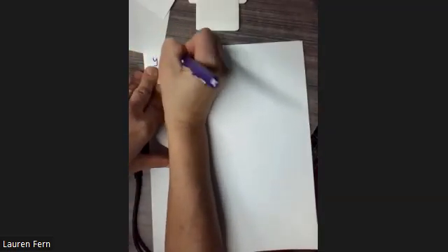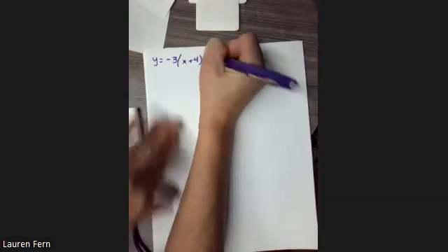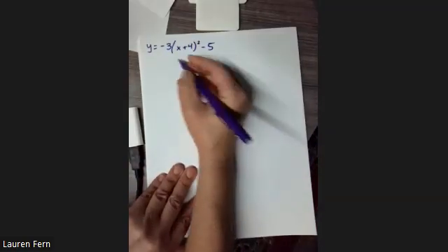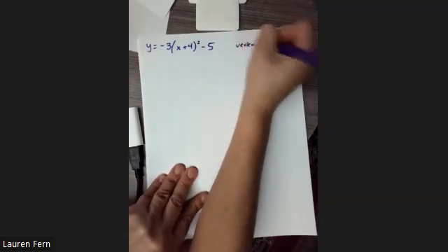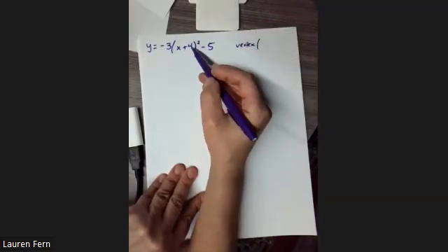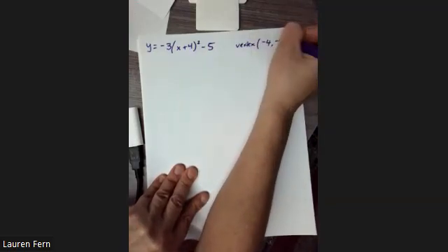Another example is, what if I have y equals -3, x plus 4 quantity squared minus 5. Now, as I mentioned before, you can read off your vertex. Remember, it's the opposite sign here, same sign here.